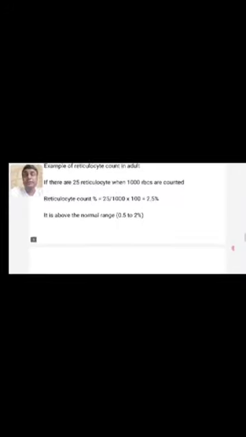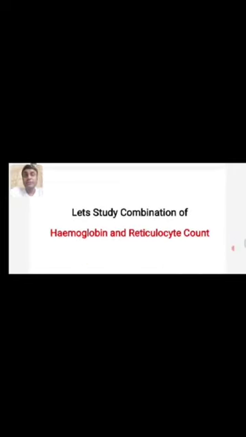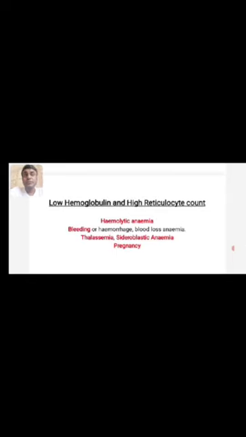Let us see various scenarios where we will study the combination of hemoglobin and reticulocyte count. For example, if there is a low hemoglobin with a high retic count, what are the differential diagnoses we should consider? There is a possibility of hemolysis in the body.